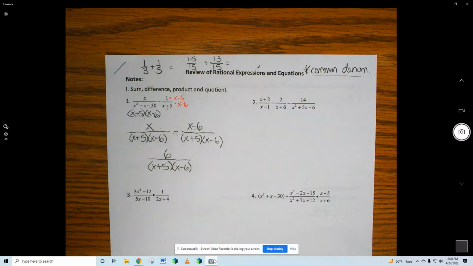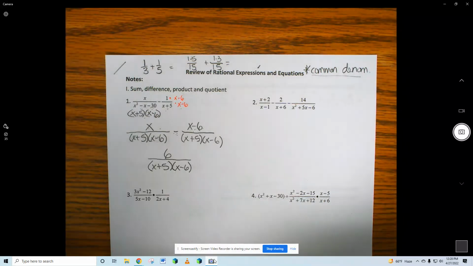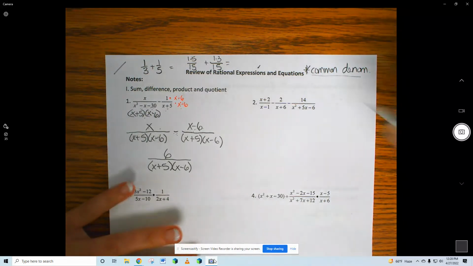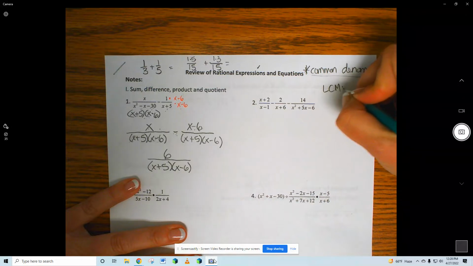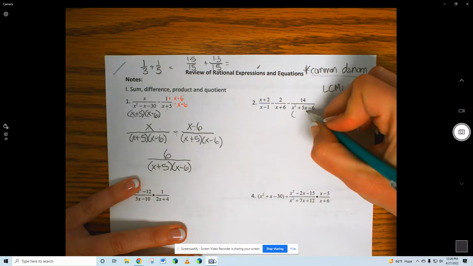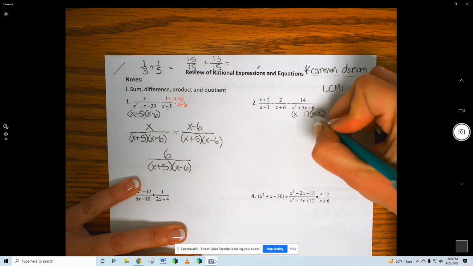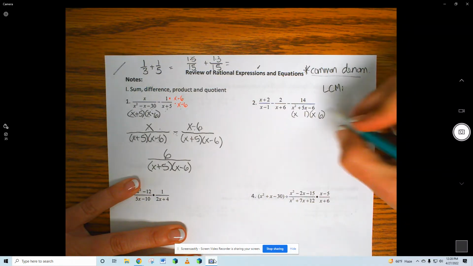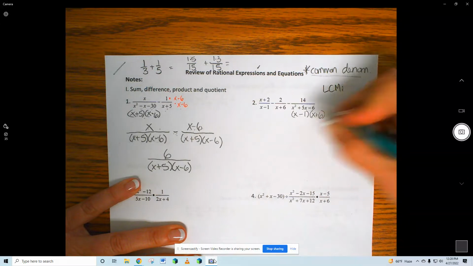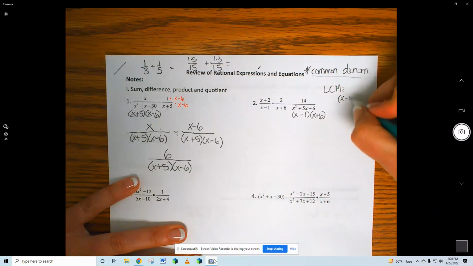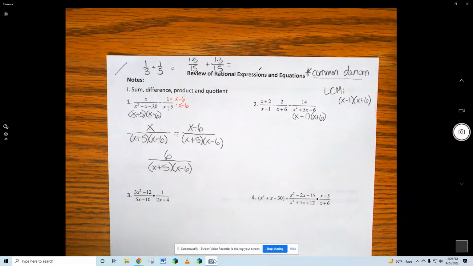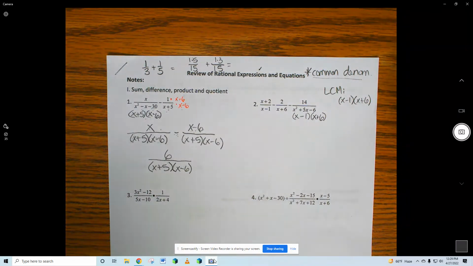All right, on number 2, figure out what my common denominator is going to be. If I want to write it on the side, least common multiple, I can. So I'm going to factor this trinomial, and I'm going to get x plus 6, x minus 1. So I have to make every single fraction have that denominator.